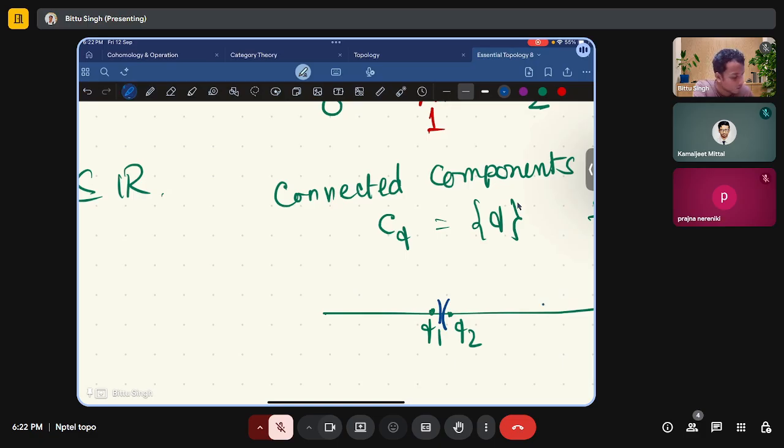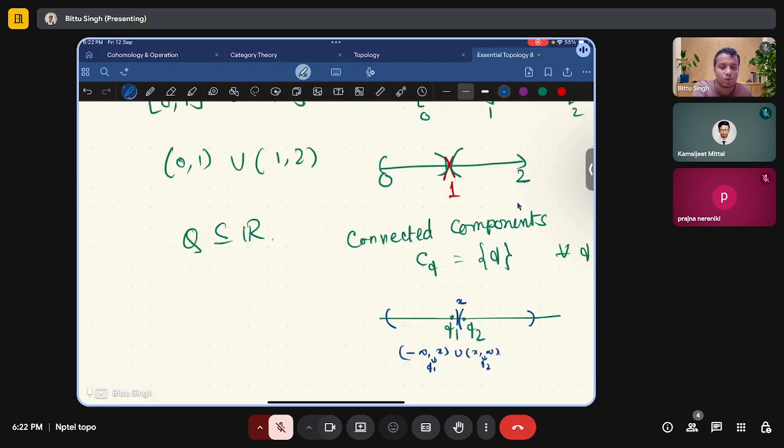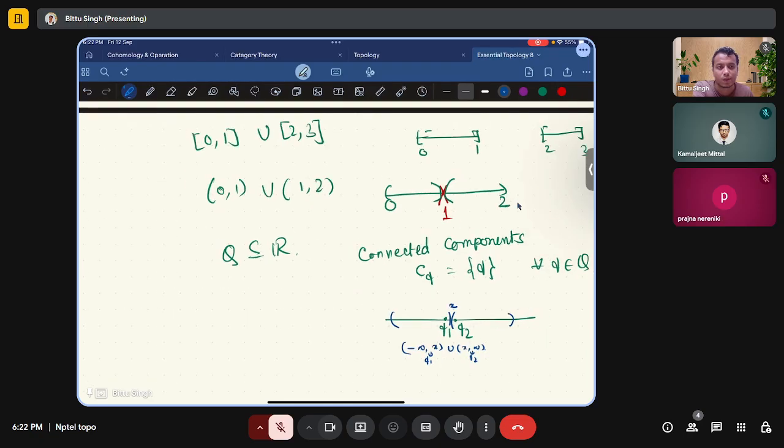So we can always partition by this irrational number. For example, suppose x is the irrational number, then (minus infinity, x) and (x, infinity). Here you can see q1 belongs to this part and q2 belongs to the other. So any two rational numbers cannot belong to the same component.